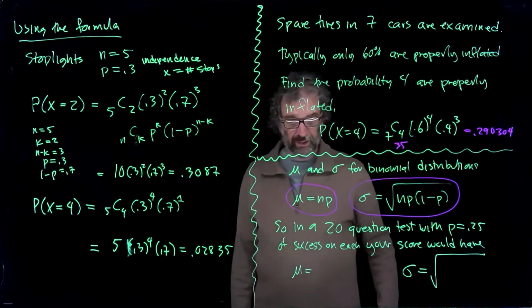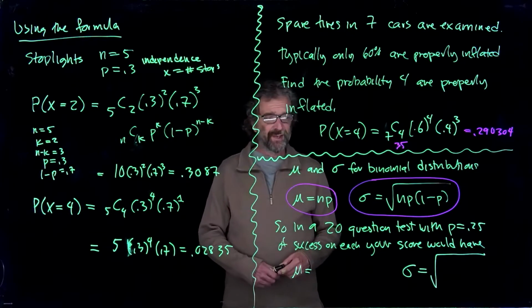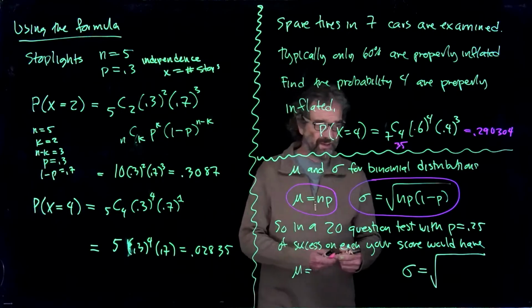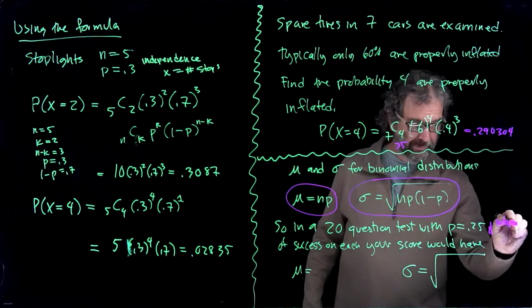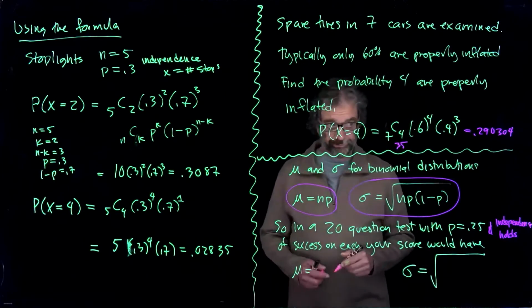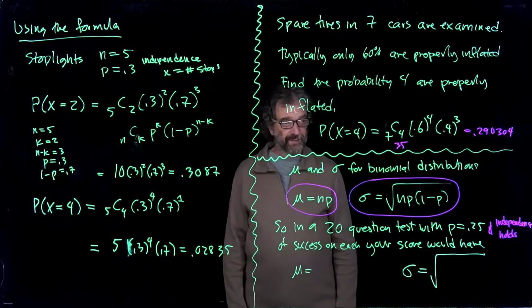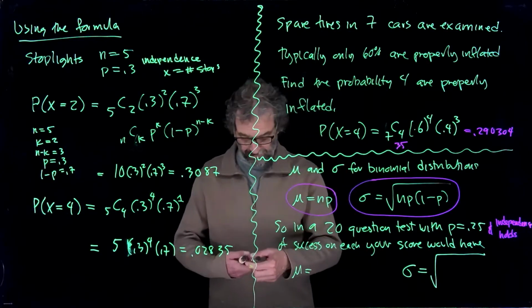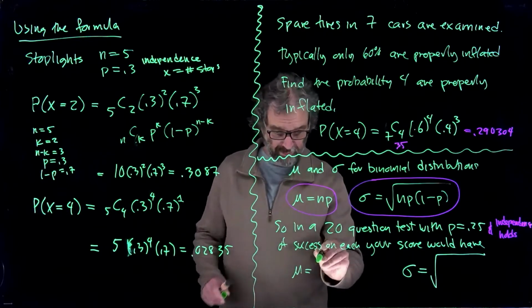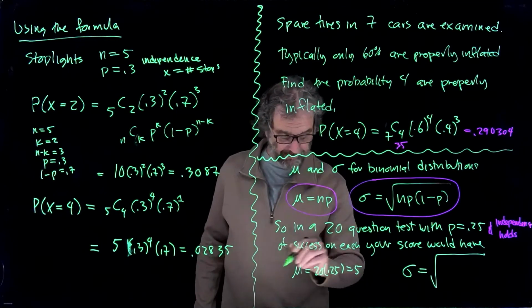That's just it. So if we had a 20-question test, and the probability of success on each question for you is 0.25, and we could assume independence, and then we count number of successes, your score would have a mean of 20 times 0.25, which is 5.